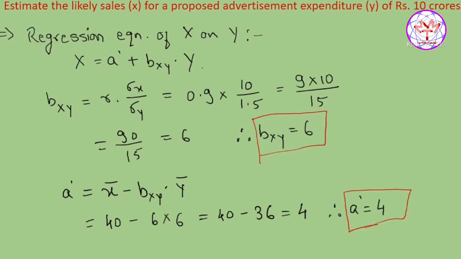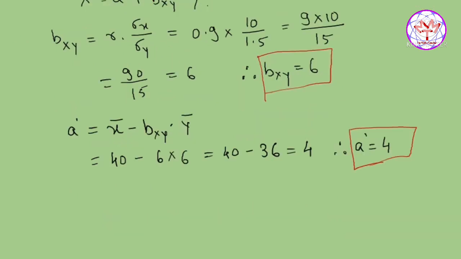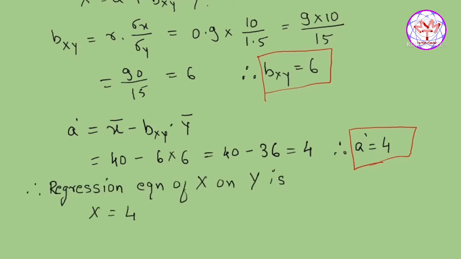Now we'll substitute the values of BXY and A dash in the equation of regression of X on Y. So therefore, regression equation of X on Y becomes X is equal to A dash, A dash is 4, plus BXY is 6 into Y. So we get X is equal to 6Y plus 4 as the equation of regression of X on Y. Now we'll find the value of X when Y is equal to 10.